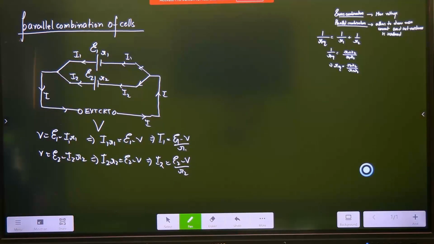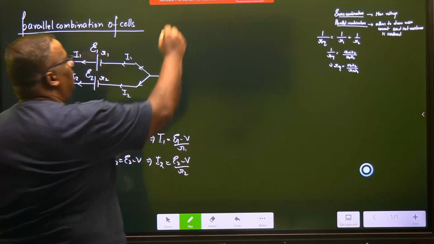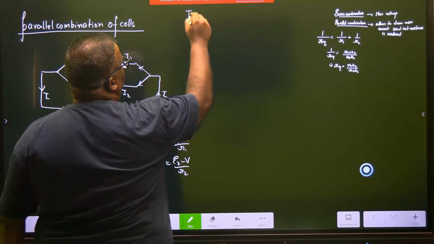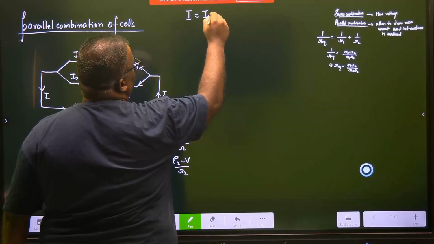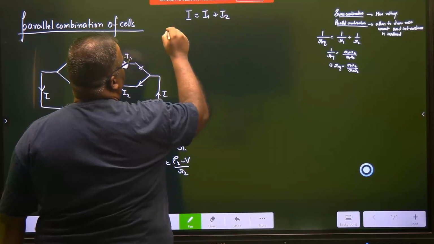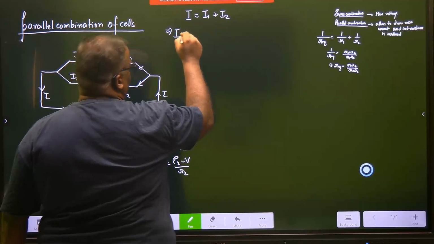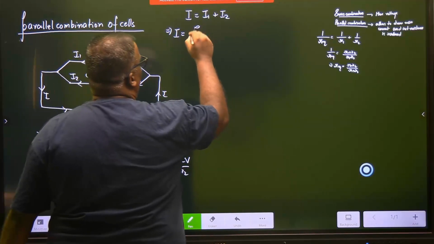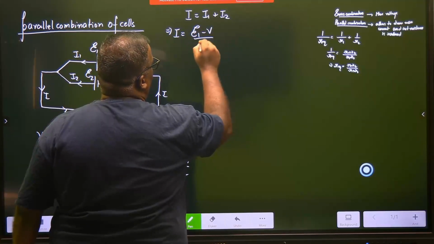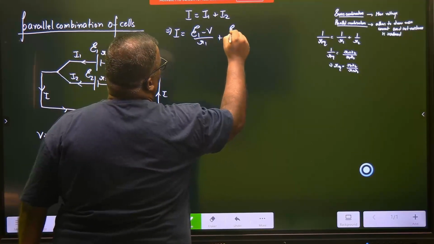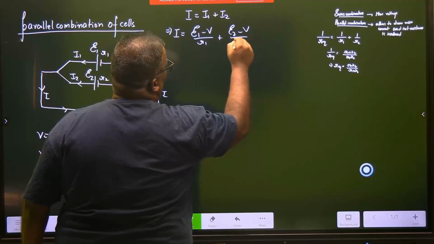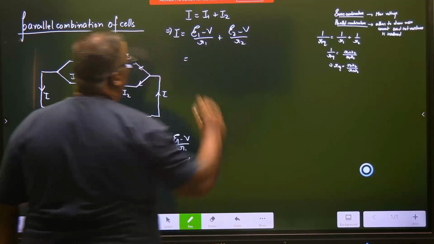Okay. Now, applying the sum of currents I to be equal to I1 plus I2, right? I can write my I to be equal to E1 minus V by R1 plus E2 minus V by R2. Pretty simple, okay?